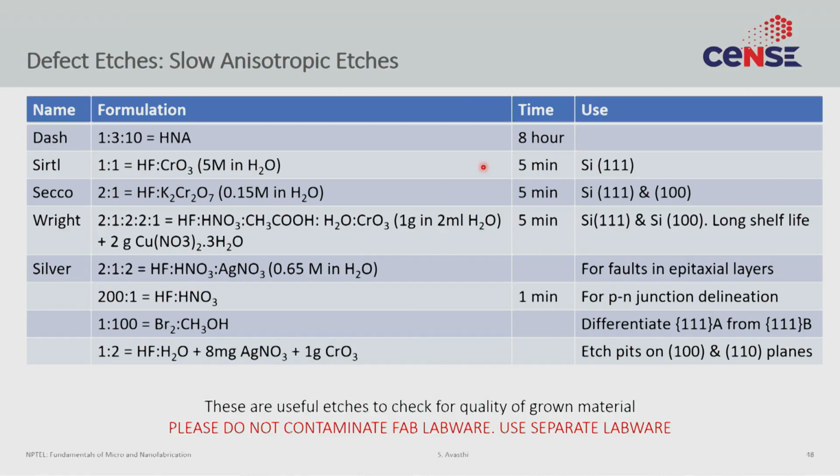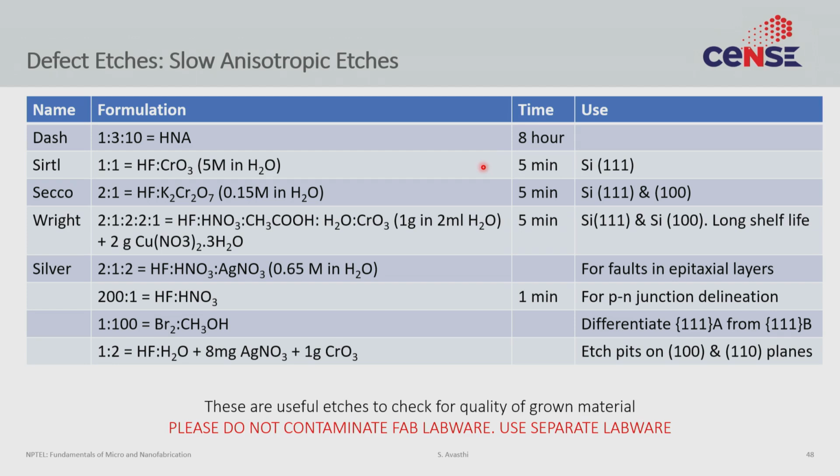So how do you magnify the size of a defect? Using a defect etch. The details are convoluted and we shall not discuss them too much, but the basic fundamental is that we use the anisotropy of the etchant. In and around the defect, the lattice is unhappy.